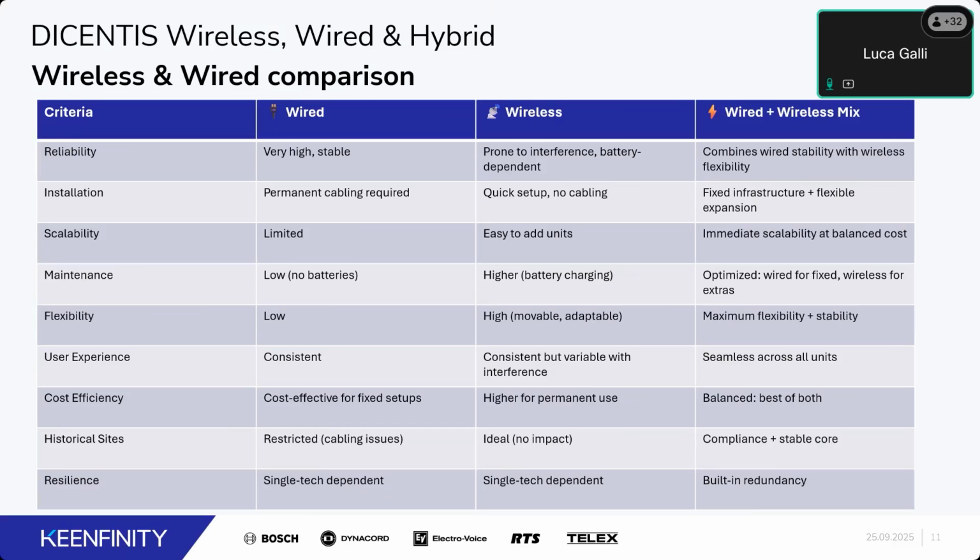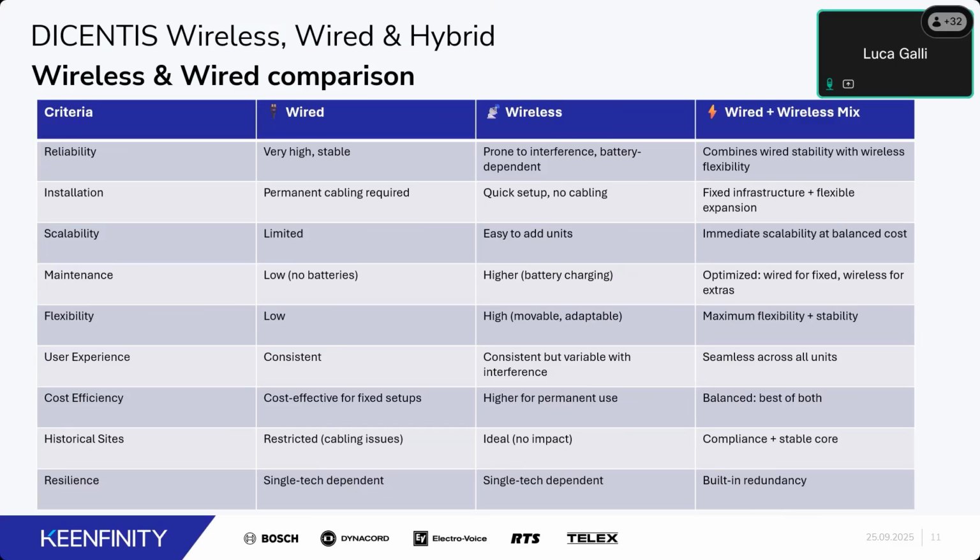In historical sites, we can install some wired units on the side where we can easily lay down cables and then complete with wireless. We can add wireless when needed and for a higher number of participants.